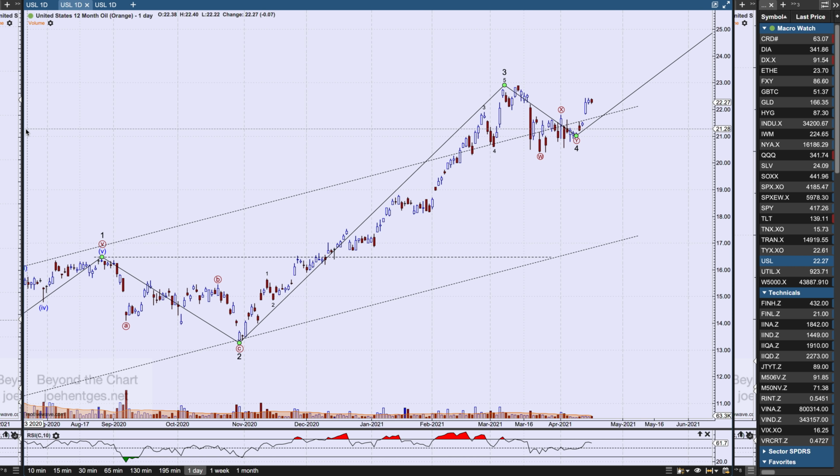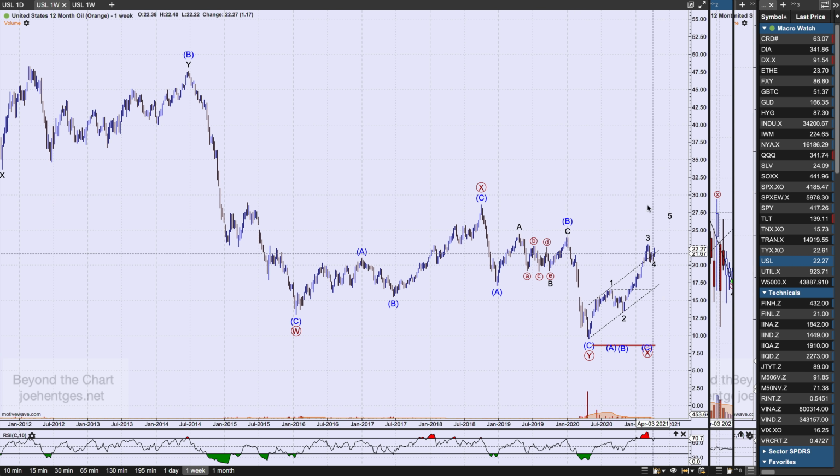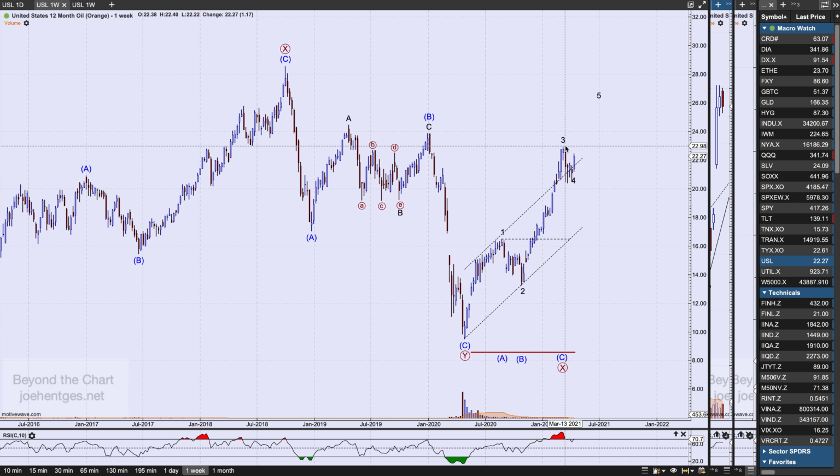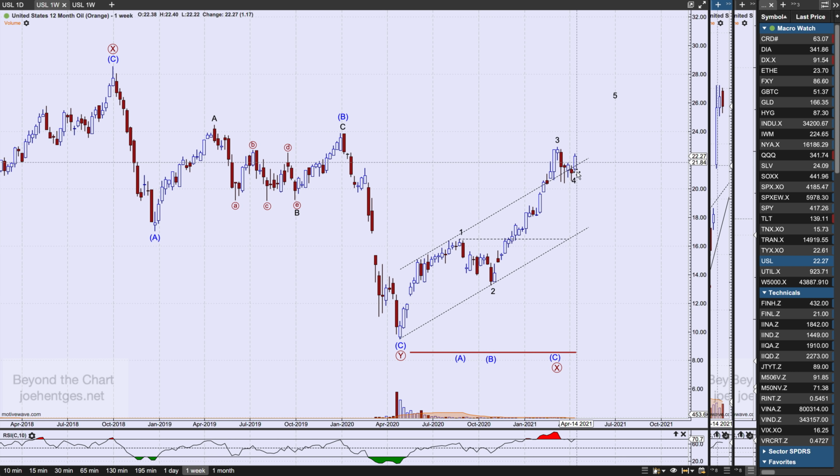Let's just take a look at the weekly chart so you can see a little bit better. I do have an alternate count, but it really hasn't come into play yet. The alternate is that this is a corrective WX, of an X wave, and that we're still doing more corrective action. But right now, this acts like it wants to continue pushing higher. I am going with that.